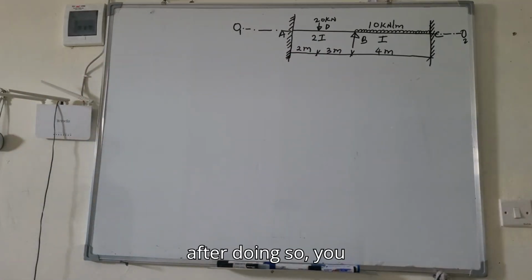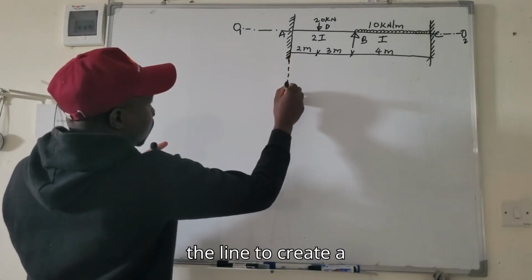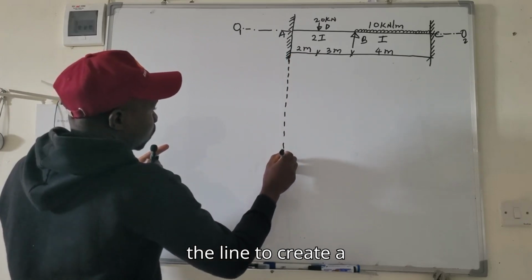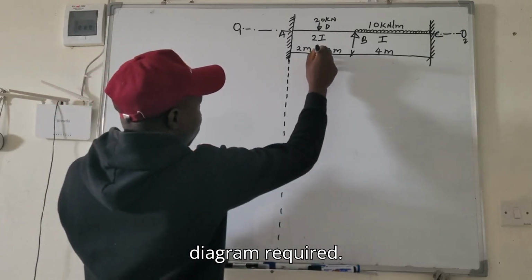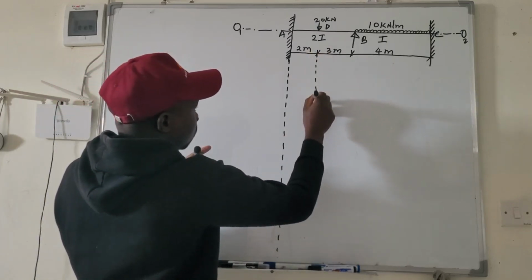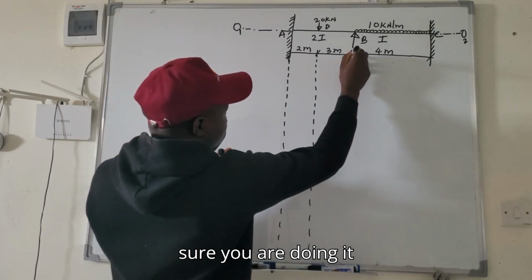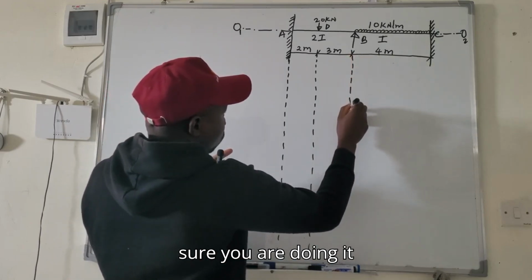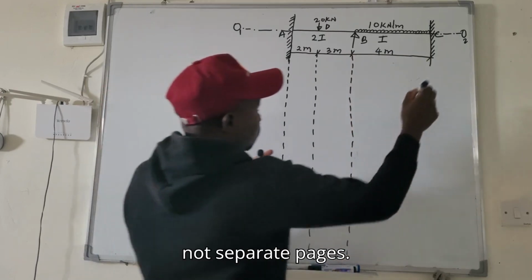After doing so, you can extend the line to create a space to draw the diagram required. Extend those lines and make sure you are doing it on one page, not separate pages.